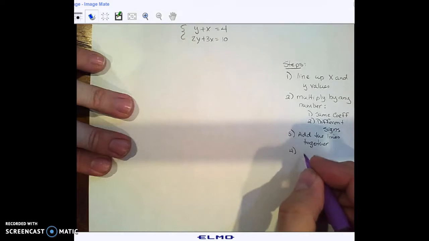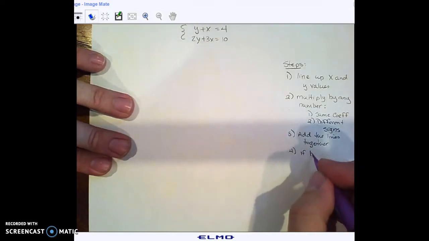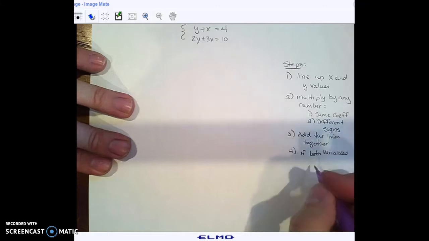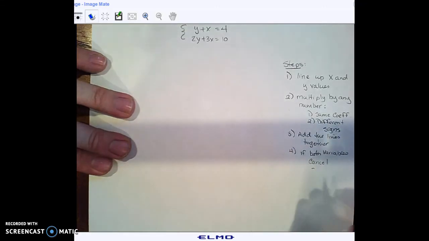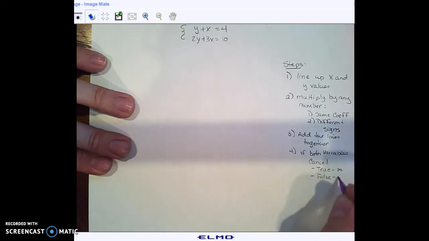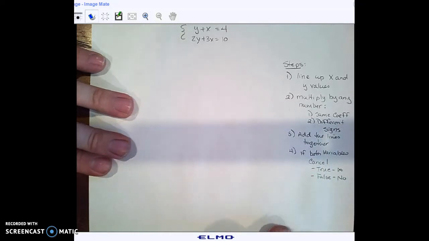If both variables cancel, it's going to be the same as substitution. If it's a true statement, then my answer is an infinite number of solutions. If it's a false statement, then you're going to have no solution. Okay?